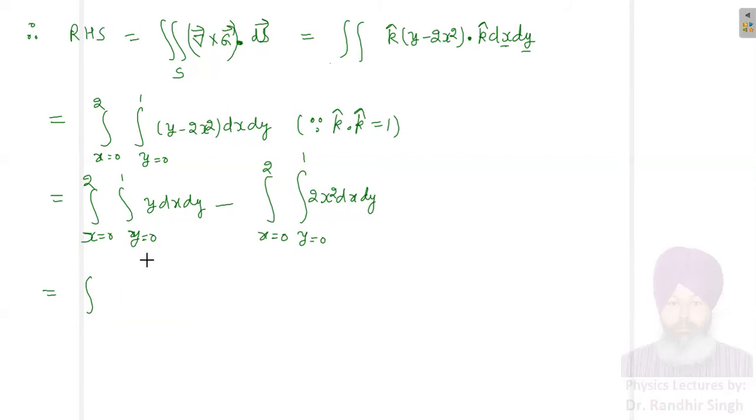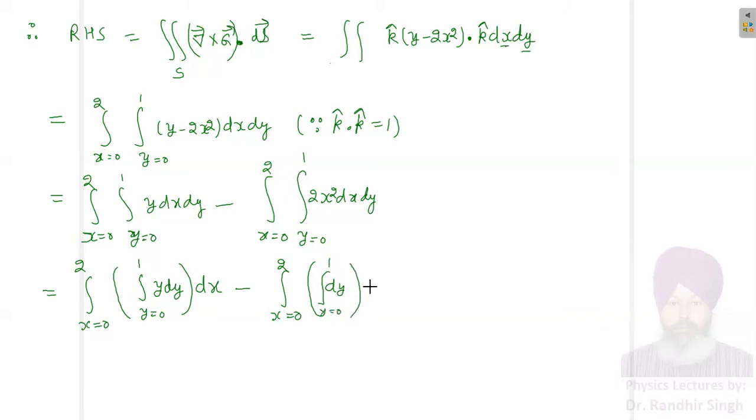Now I can take this dx outside, so I can write it like this: x going from 0 to 2, then a bracket, y going from 0 to 1 of y dy, then whatever is the answer, dx, minus. Similarly I can write x going from 0 to 2, then a bracket, and after that the integration of dy with y going from 0 to 1.